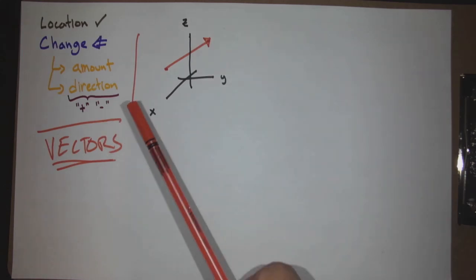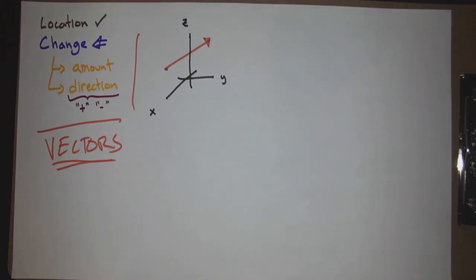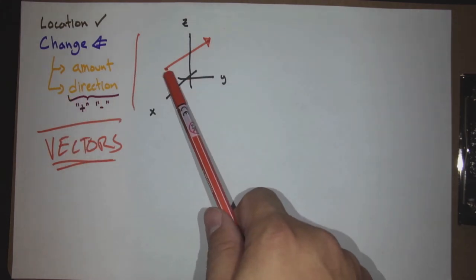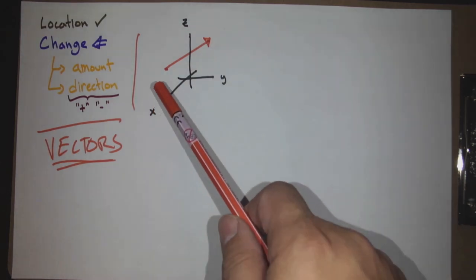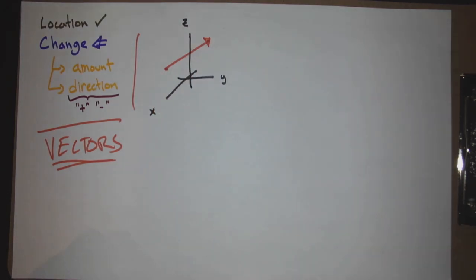Well, the length of that line segment, that's the amount of change. And then the direction is you follow the direction of that line segment, right? Because it tells you how much there is. And you just have to be careful because it can be very sharp on those arrows attached. But okay, all right.